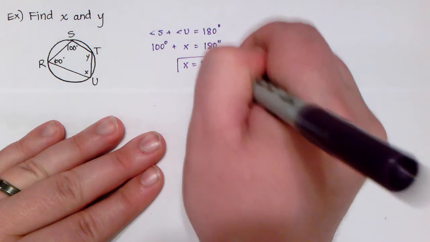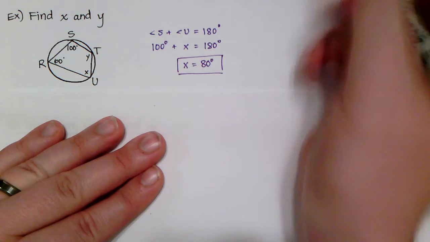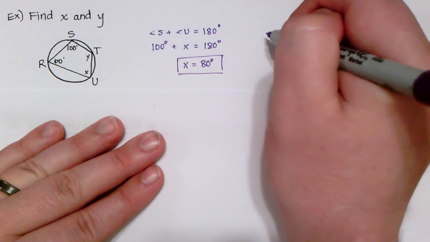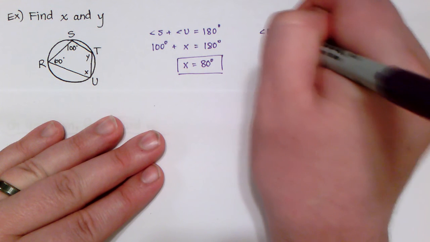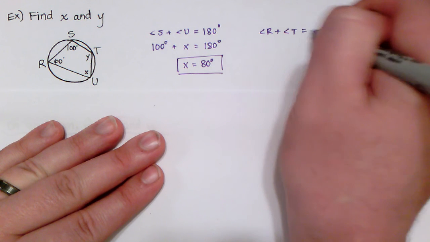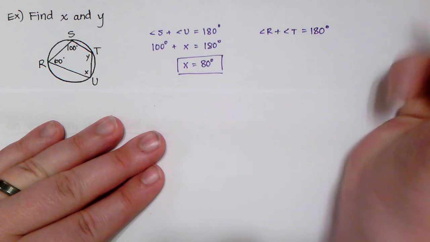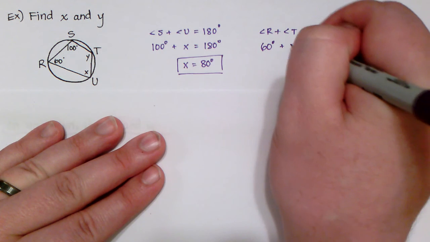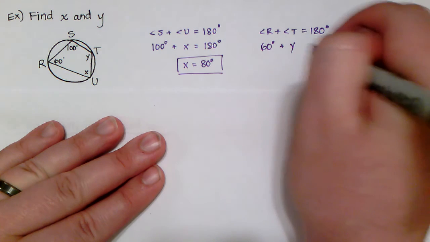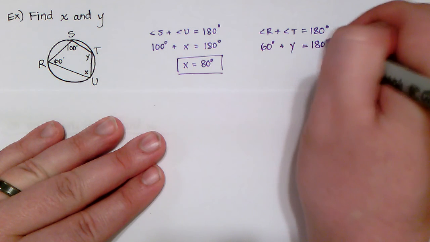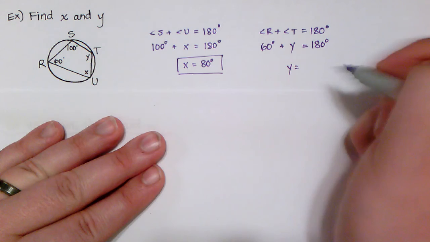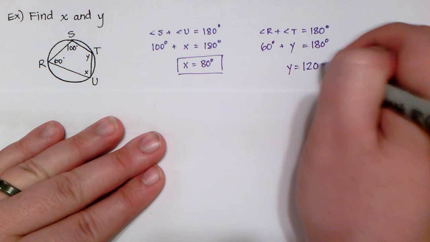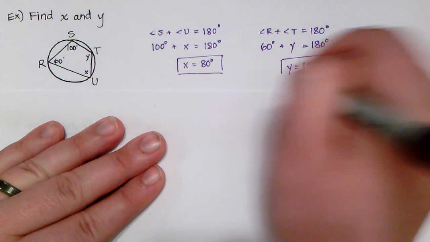That one's pretty easy. Same with finding y. Angle R plus angle T should add up to 180 degrees. If angle R is 60 degrees, and T is really our y, and those add up to 180, if I subtract, I find that y is equal to 120 degrees.